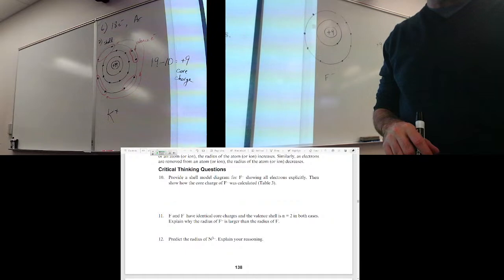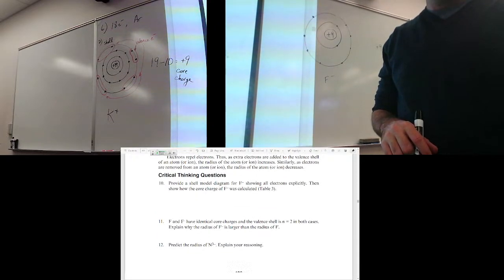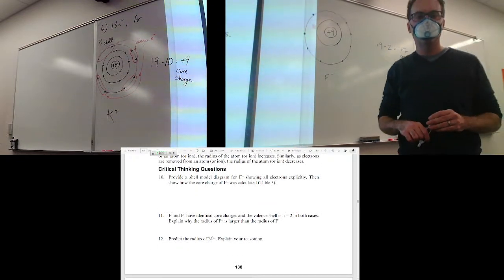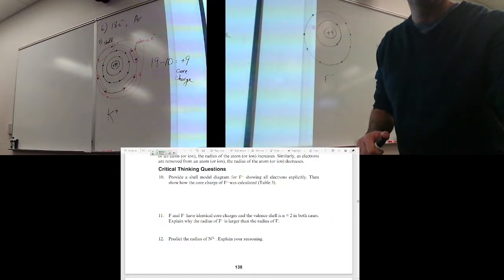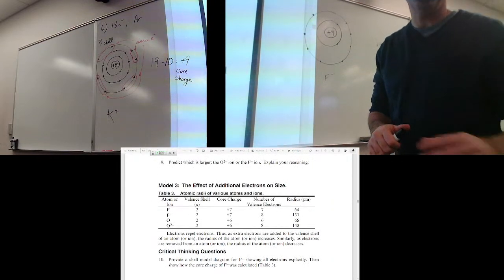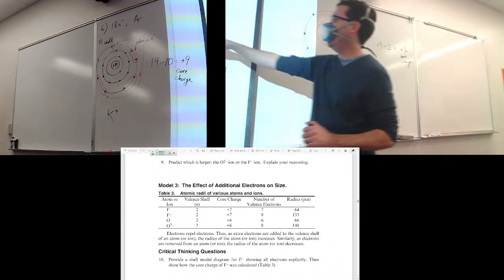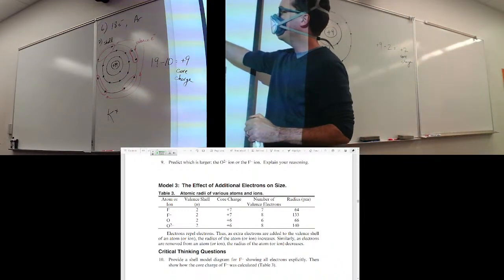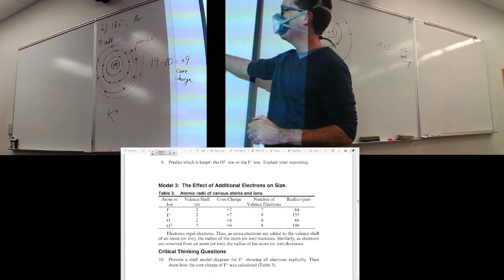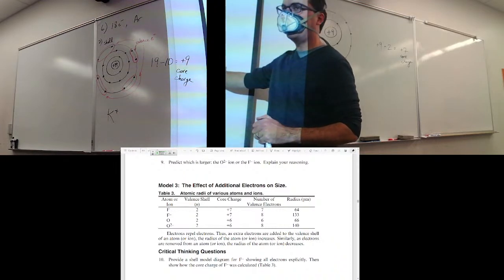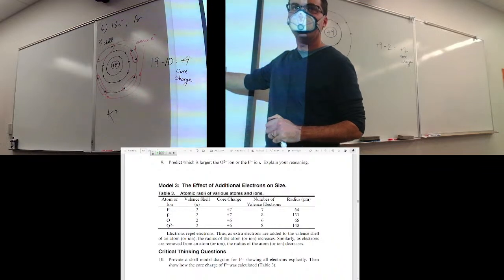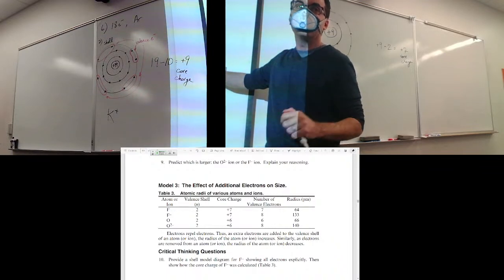What is the radius of N3 minus? Explain your reasoning. Anybody know? What's a good prediction for N3 minus? Well, you can see F minus, you can see O2 minus, it's bigger. N3 minus is probably going to be bigger if this is a trend.